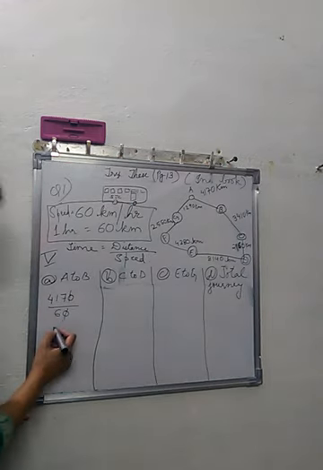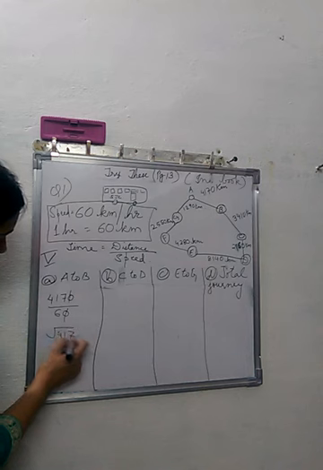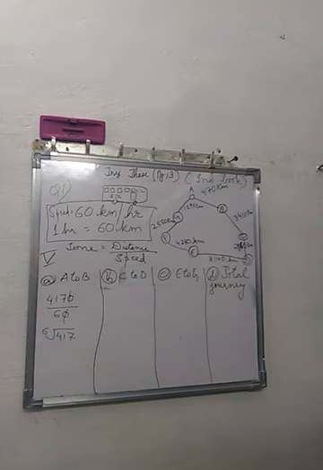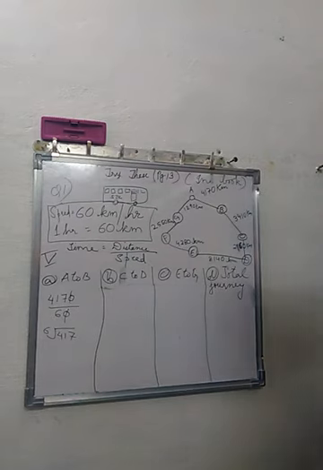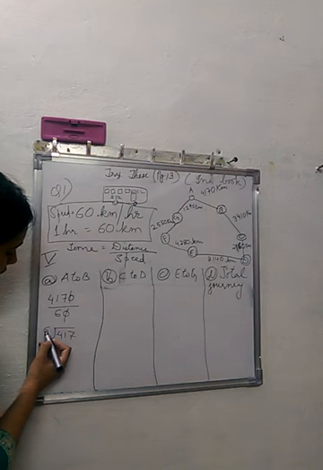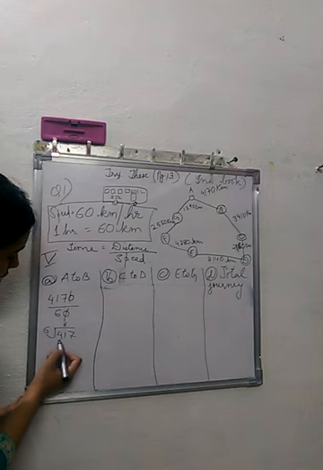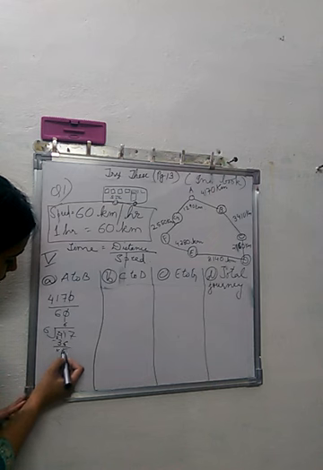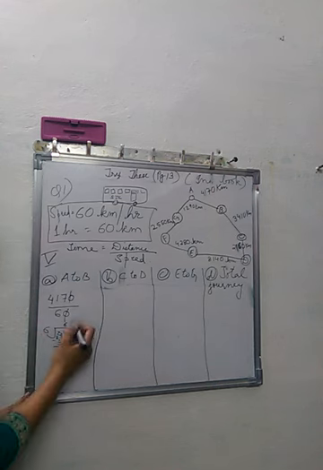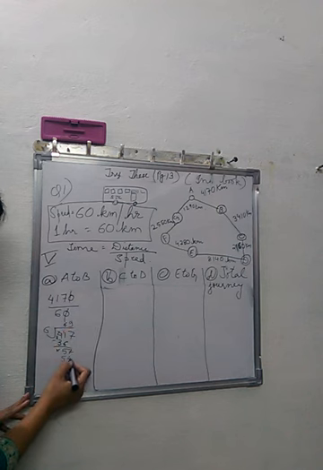Now we cancel the zeros and we divide 417 by 6. So 6 sixes are 36, 6 sevens are 42, 6 nines are 54, 3.